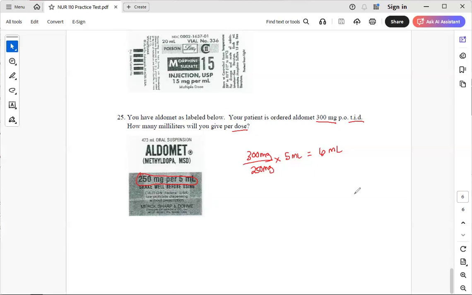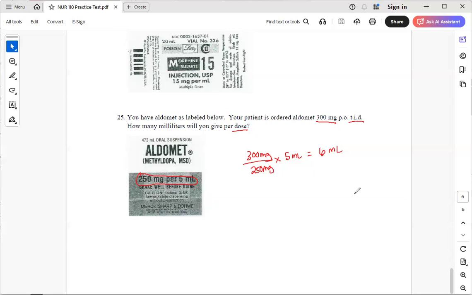Okay. So what I'll say is just continue to practice. It's more important that you understand how you set up the questions than that you get different questions. Just practice the setup, because the only thing that really changes is the name of the medication, the order, and the available.